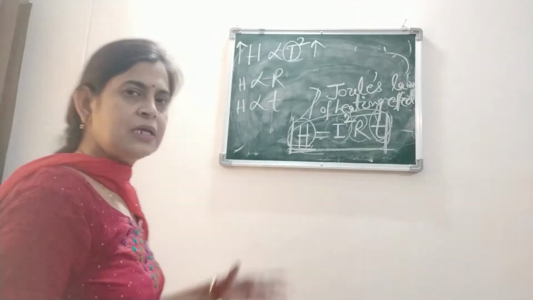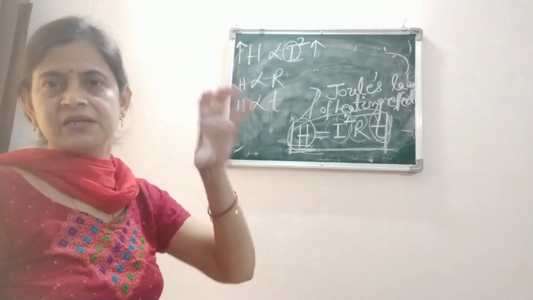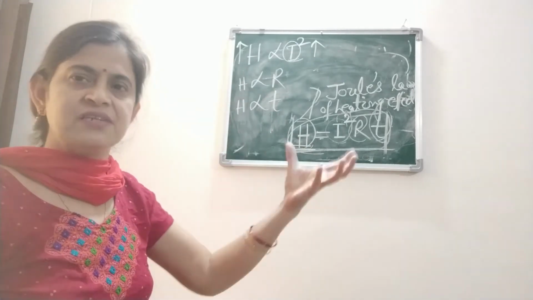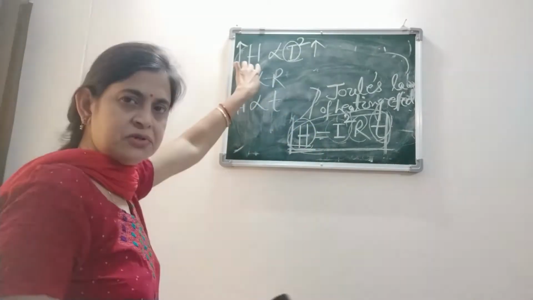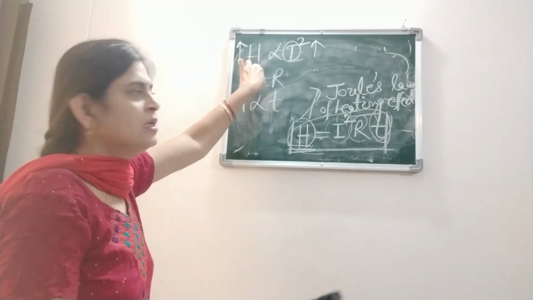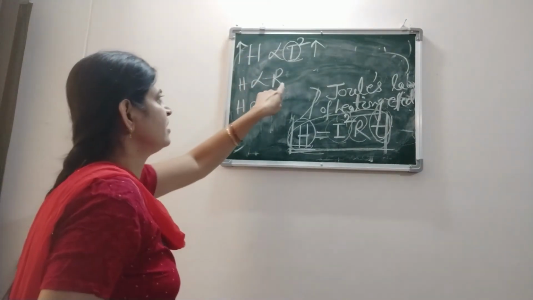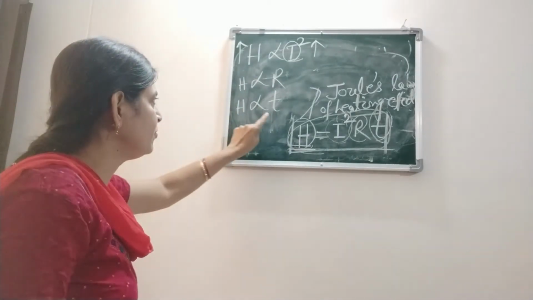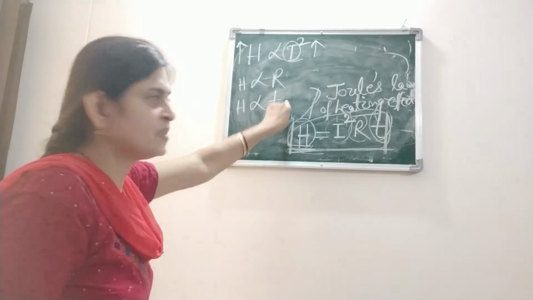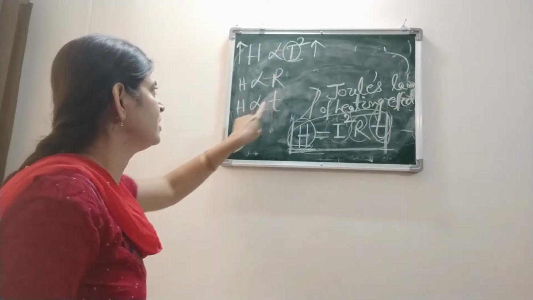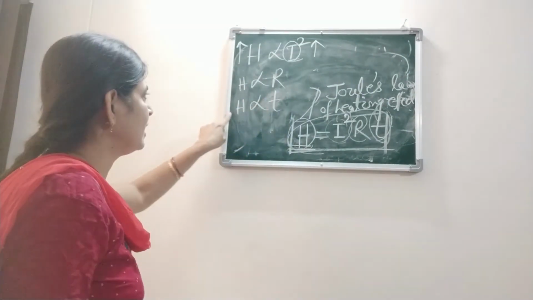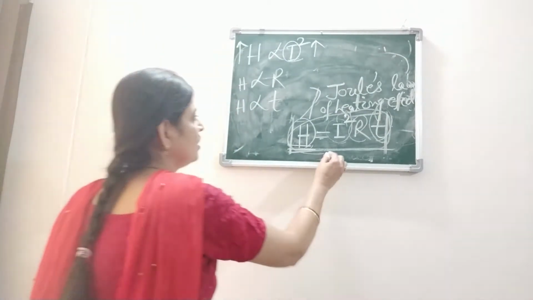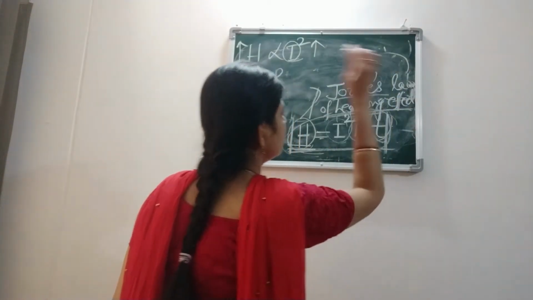If we increase the current in any circuit gradually, then the temperature will also increase, as a result of which the amount of heat produced will also increase. Similarly, if you increase the resistance, then your heat will also increase. Same with time. So, this is all about Joule's law of heating effect.